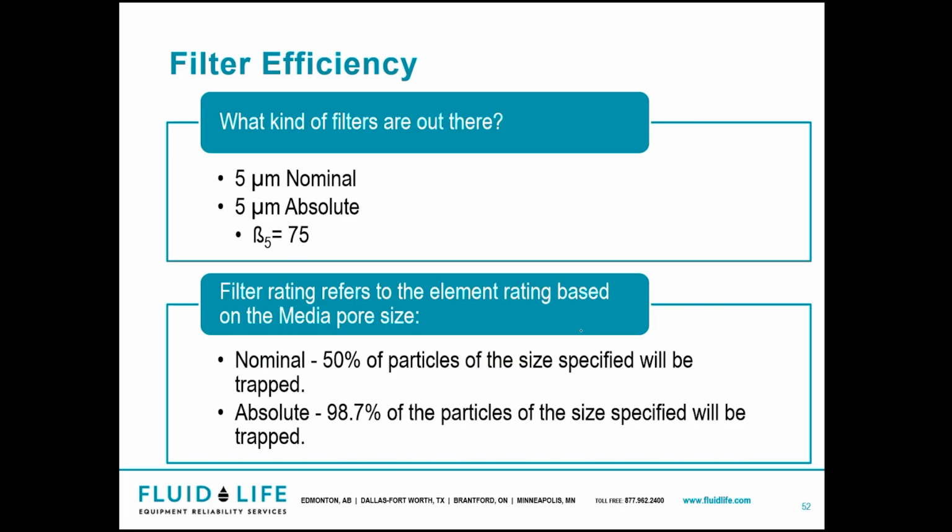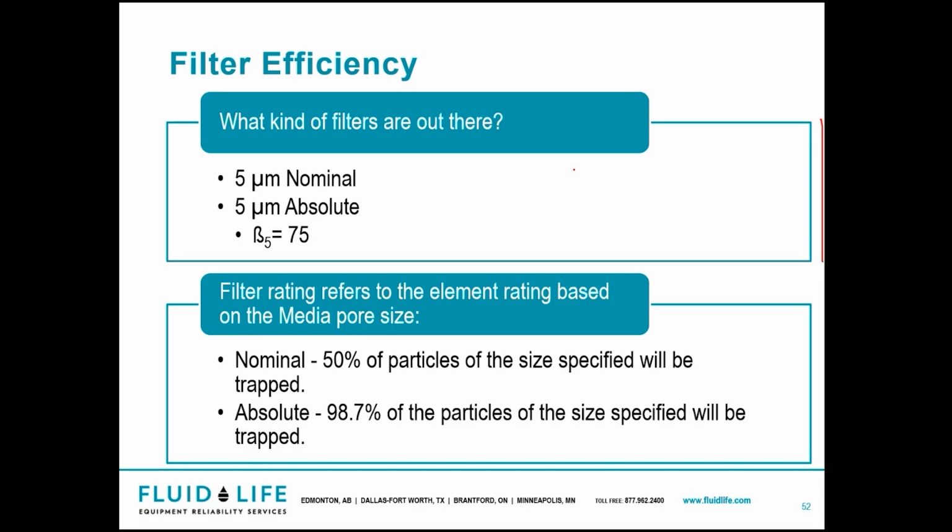Now there's two main types, nominal and absolute. How do you know the difference? You'll see something like this, or you'll see the cost of them. There's a significant difference in cost. Nominal filters trap about half of the particles of a given size. So when I say that, I'm going to do a crude drawing here.